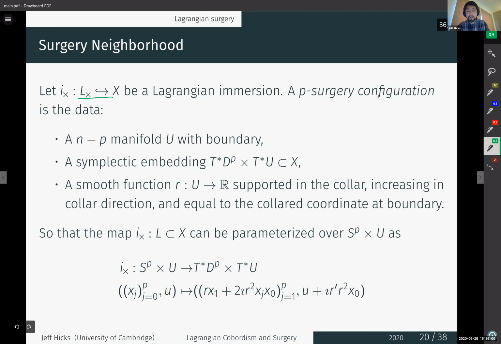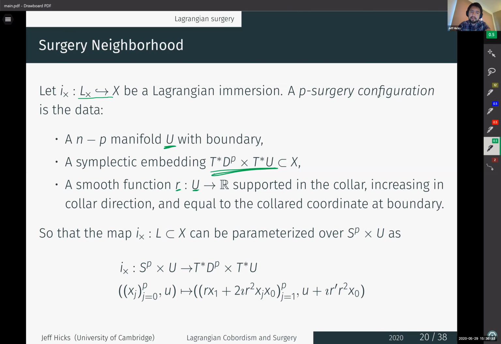So a p-surgery configuration is the data of a manifold U with boundary of dimension n minus p, a symplectic embedding of T star D^p cross T star U into X, and a smooth function which depends only on the collar parameter of the boundary, is supported only in the collar and is equal to the collar coordinate at the boundary.